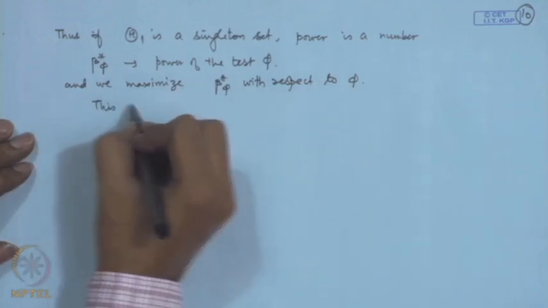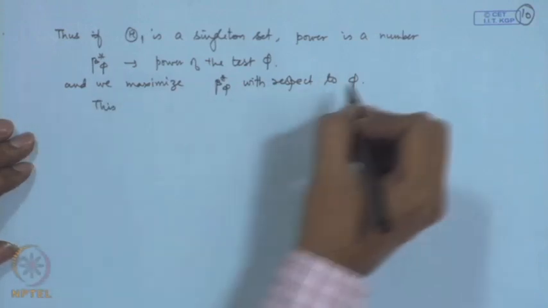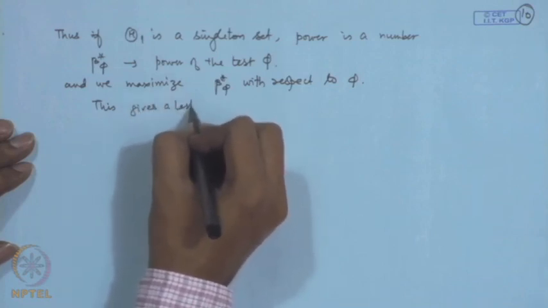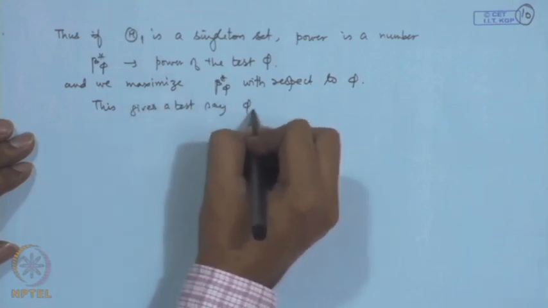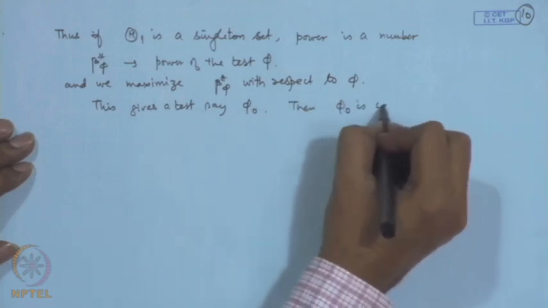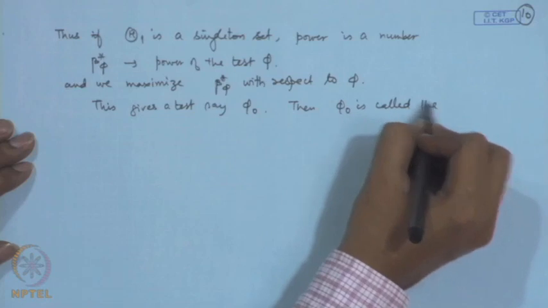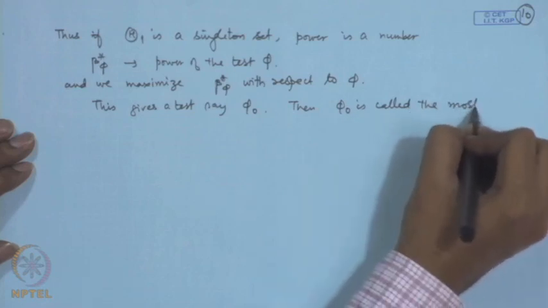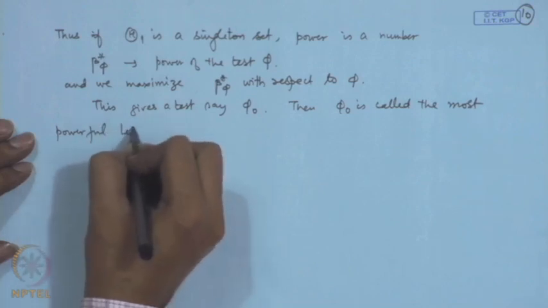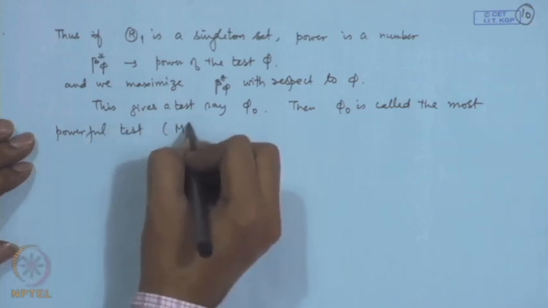This gives a test, say phi naught, and then phi naught is called the most powerful test, that is the MP test.